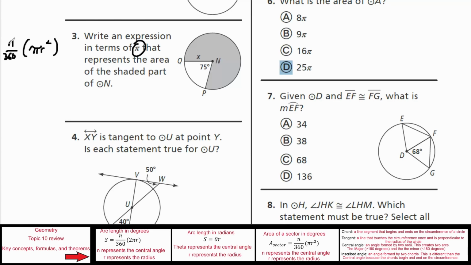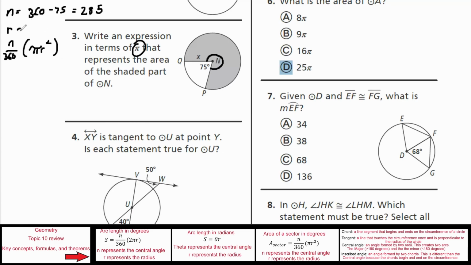So we're just looking at a percentage of the area, like I've said in class. Here, n is equal to, well, this time it's not 75. That's not the shaded area. That is this angle here, or our major arc is what we're looking at. And to find that measurement, we're going to do 360 minus 75, and that's going to give me 285.